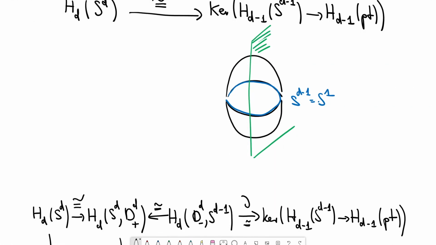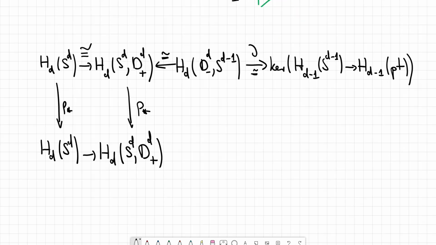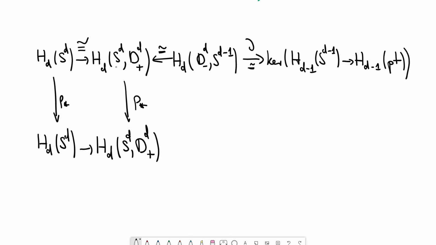We have here the upper hemisphere D plus, and the upper hemisphere is preserved by the reflection, the way we chose the reflection plane. The same for the lower hemisphere, D minus. Therefore, we get a map of pairs, back to the diagram, from this pair to that pair.